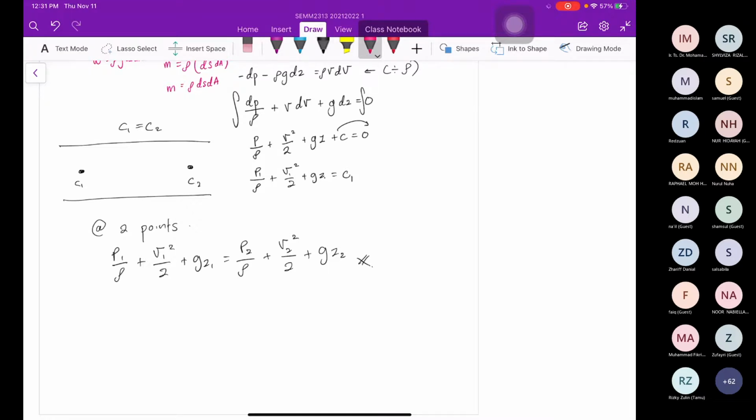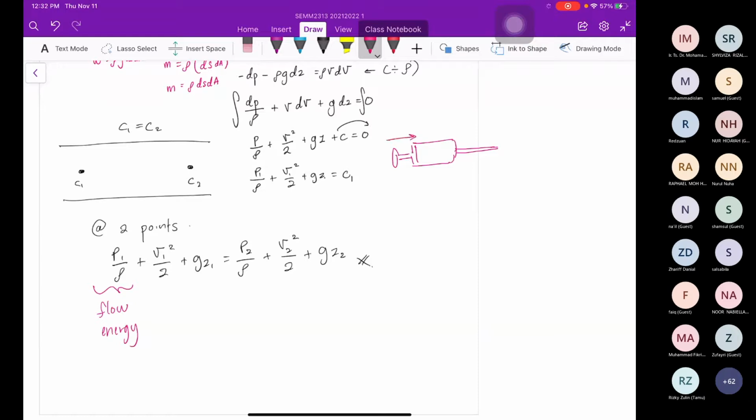So from here, we can see this is the flow energy. So what is flow energy? The energy required for the fluid to flow. That means it is because of the pressure. So you put the pressure on the fluid, it will cause it to flow. For example, this is a syringe. This is the needle.